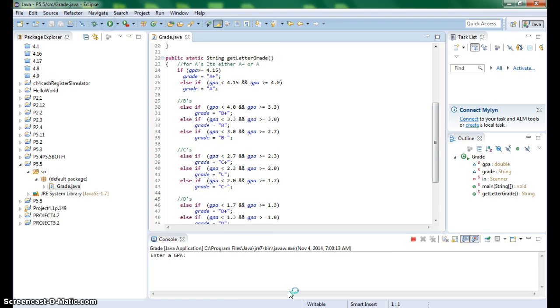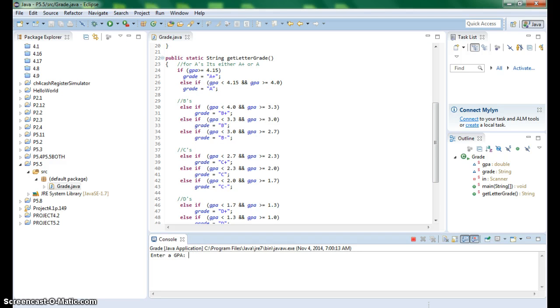So let's run it. Enter GPA, I like the 4.0. So you get an A. Run it again. I'm going to say 1.75. And then I got a C minus. So anything greater than or equal to 1.7, between 2 and 1.7.